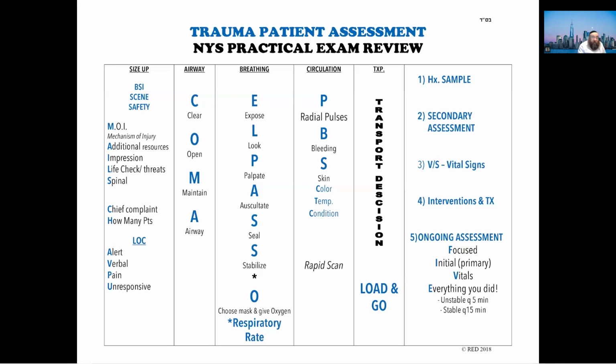Spinal will be PRN, as needed, or as you feel is necessary. C, chief complaint. Always get used to asking your patient, why did you call 911? Why did you call EMS? And obviously, if they don't answer you, they don't answer you. That's fine too.